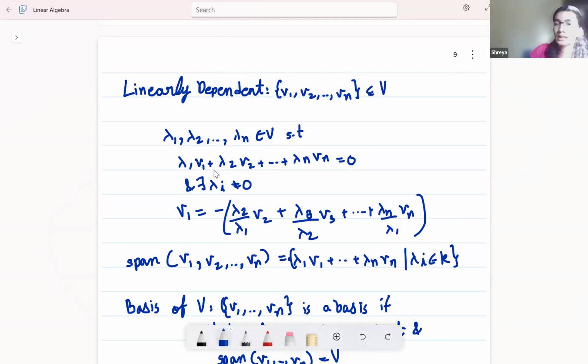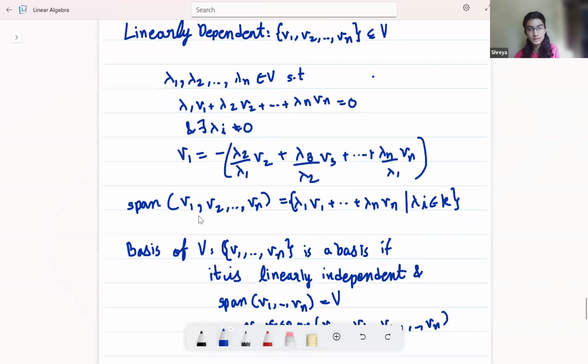So we will say, assuming this were an infinite set, it's linearly independent if every finite subset of it is linearly independent. We'd say it's linearly dependent if there is some finite subset of it which is linearly dependent.